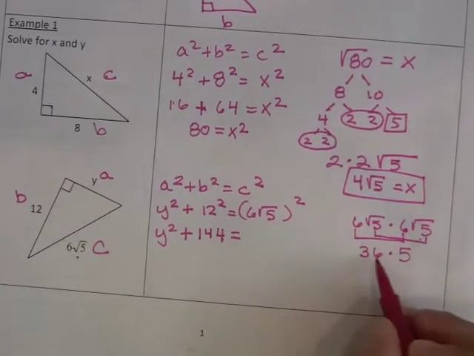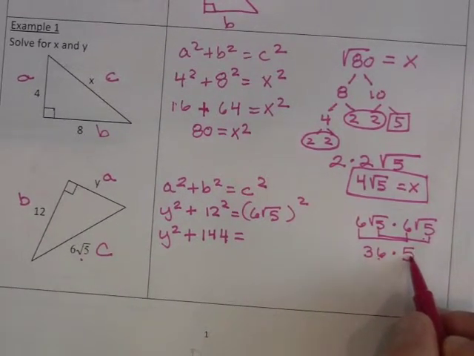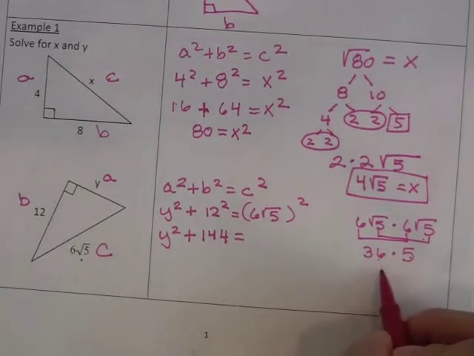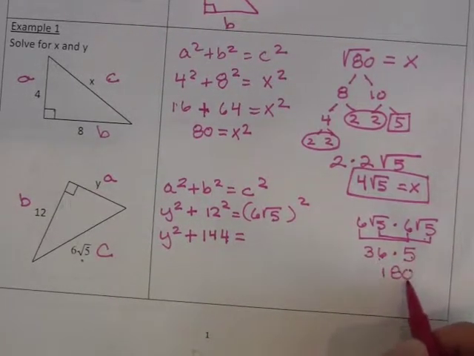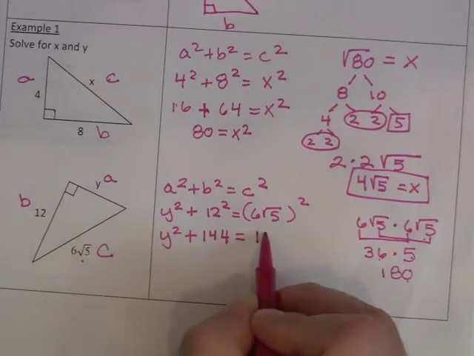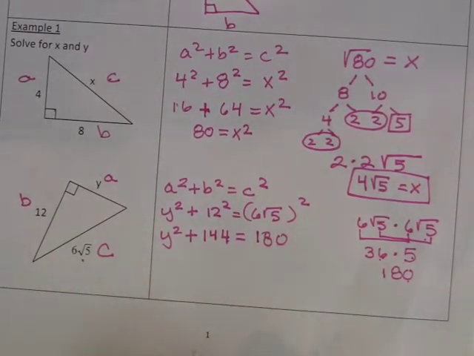So then it's 36 times 5, which gives me 180. So that's what I'll replace over here. That's what 6 radical 5 squared becomes: 180.